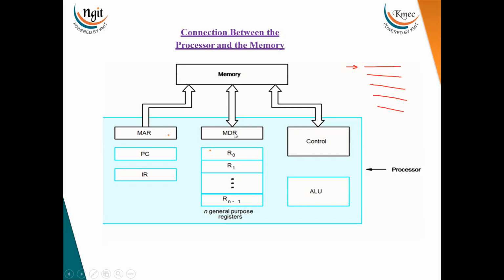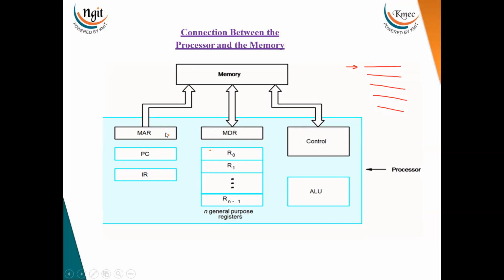Now, by loading the MDR with the opcode, the processor will not understand what job it has to do. For that, the opcode will be loaded again onto the IR, the instruction register. This instruction register will decode the opcode, and after decoding, the processor understands what job it has to do. Thereby, the control unit gives a signal to all the registers.